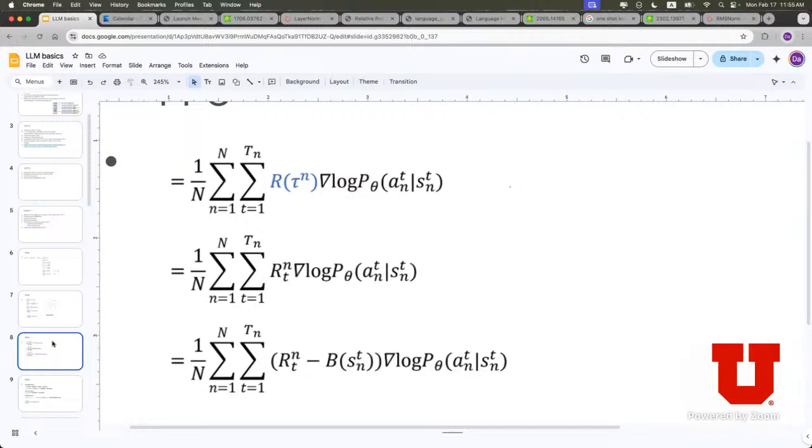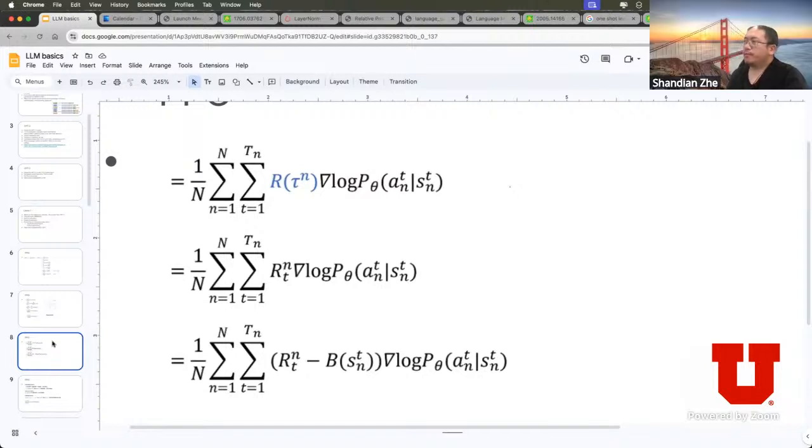The whole problem with reinforcement learning is a trade-off between bias and variance. If we use the whole trajectory reward, it is unbiased. But if we use the reward to go, it is biased but low variance. They found that in practice the low variance version always works better.